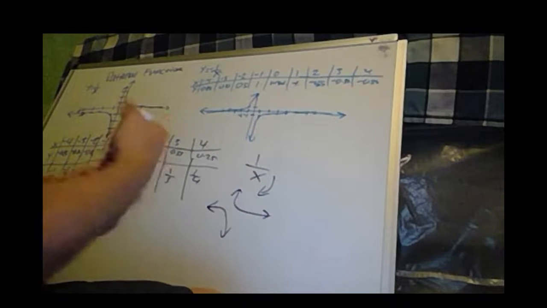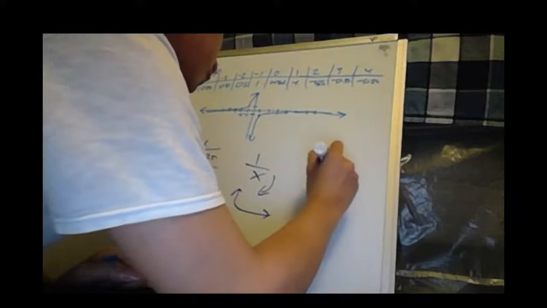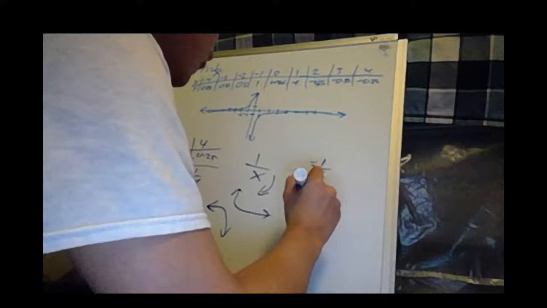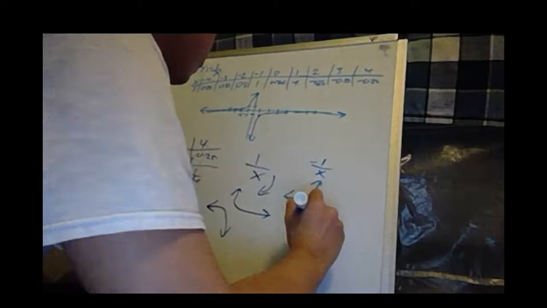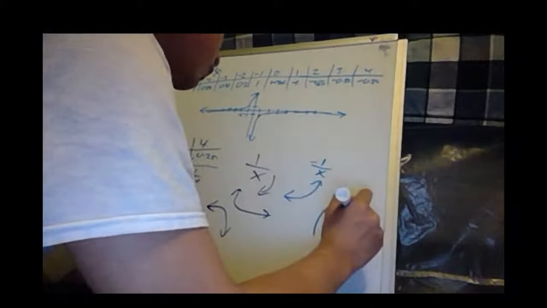So that's 1 over x, right? Negative 1 over x is this one here that we just did. And it's like this, right? You have to know the difference.